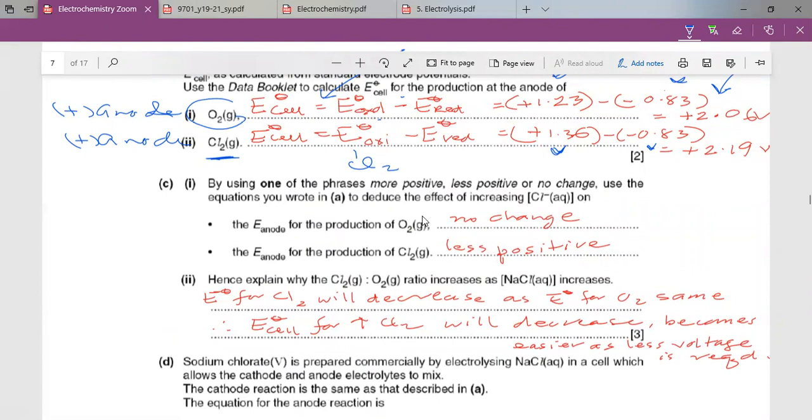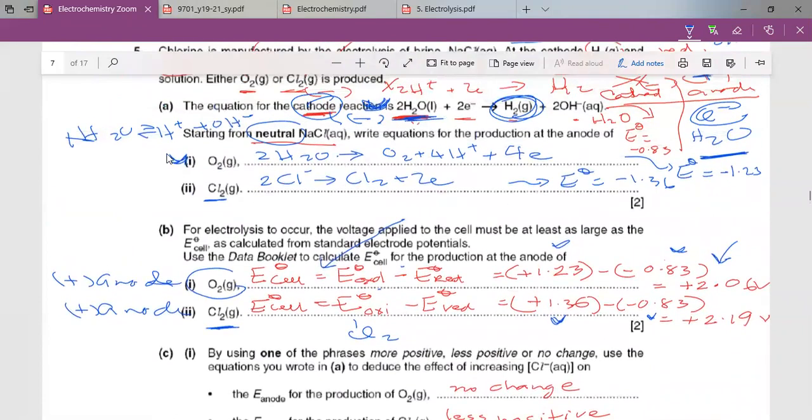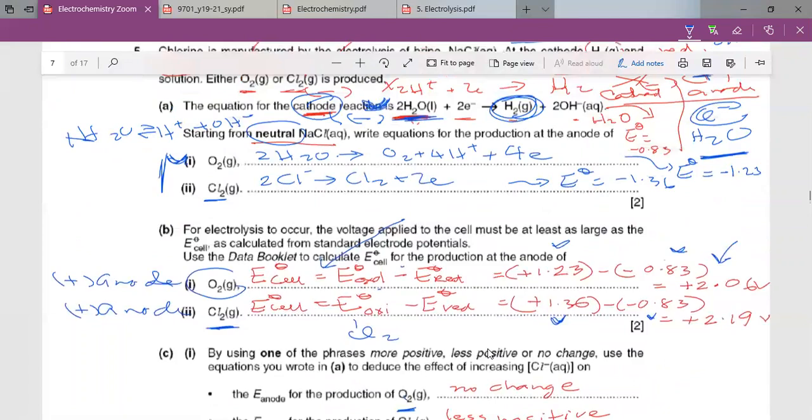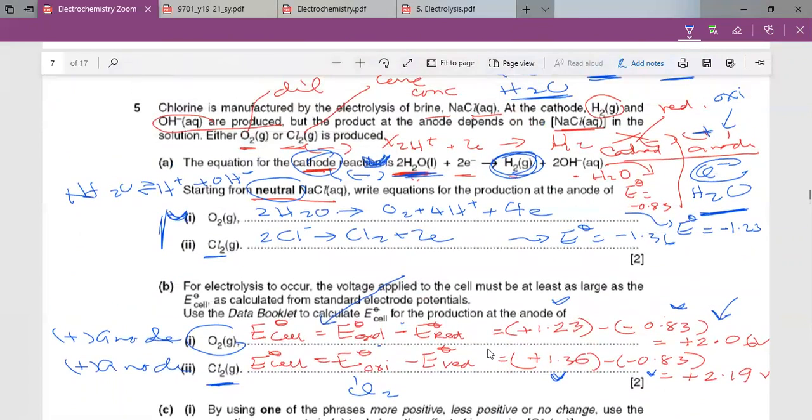Now here, by using one of the phrases more positive, less positive, or no change, use the equations you wrote in A to reduce the effect of increasing Cl minus. What is the E naught for the anode if production of O2? If you increase Cl minus, remember if O2, this is the equation, or you can say it's reverse. Will it affect it?